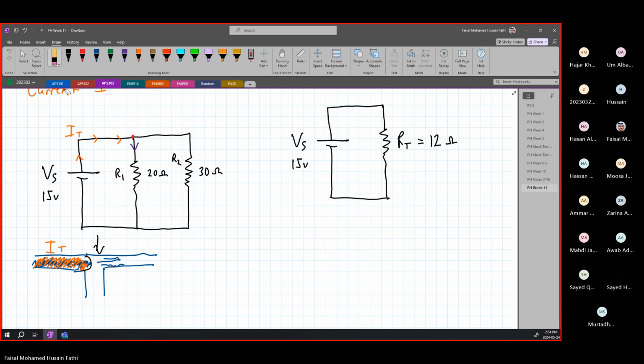It is going to be split into two parts. So some of the water is going to go down here, and some of the water is going to keep going up here, or in this case, in the circuit, in this direction. Okay? So let's call this, for example, I2, and let's call this I1.